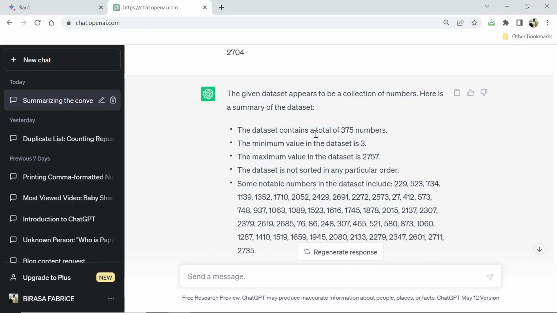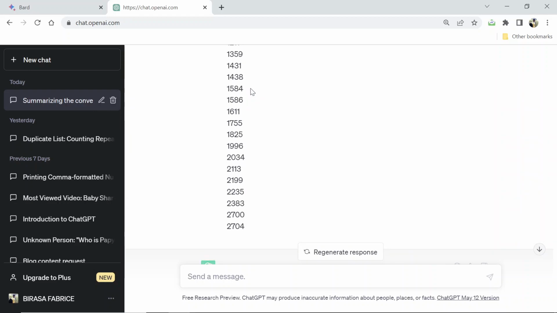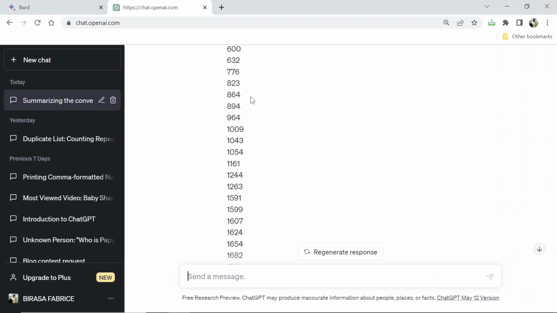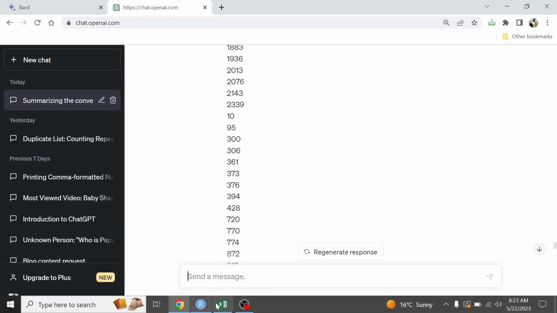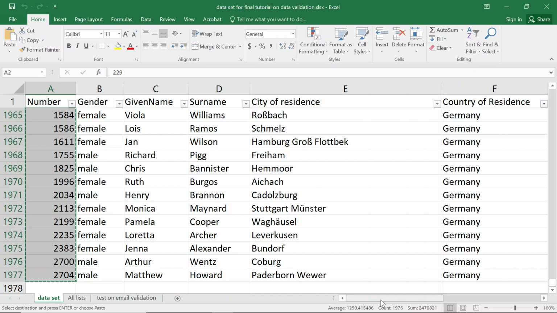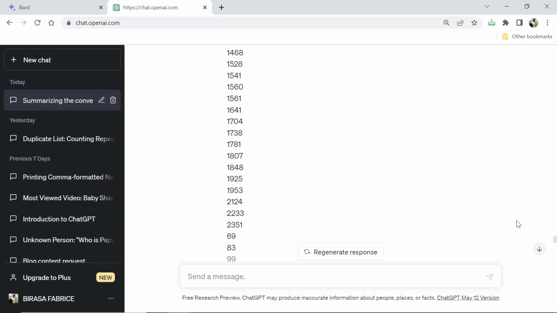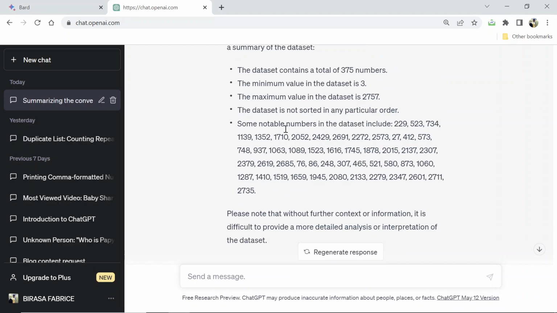ChatGPT says the dataset contains a total of 375 numbers. The minimum value is first. My dataset does not contain only 375. It has, let me select it for you, 1976, while ChatGPT says that my dataset contains only 375, which is wrong.